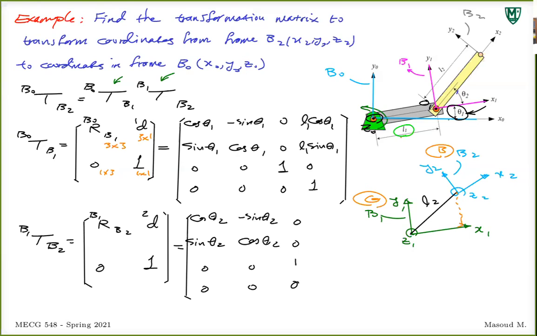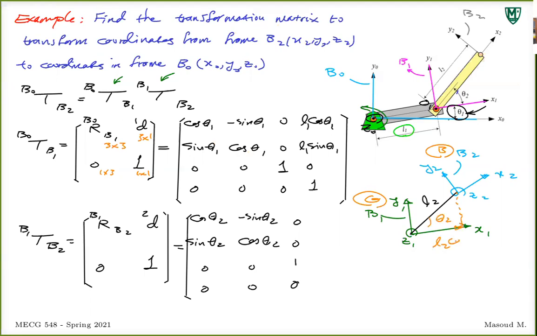Now, in compound transformation, you just do it over and over. Every time you look at two coordinates, think about one of them as body and the other one as global coordinate. We just call it B0, B1, B2, B3, or any other letter that you want to use. So this is θ2.